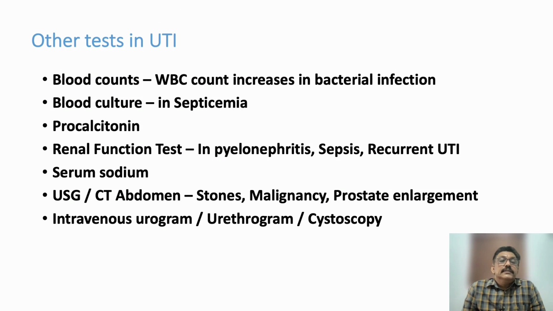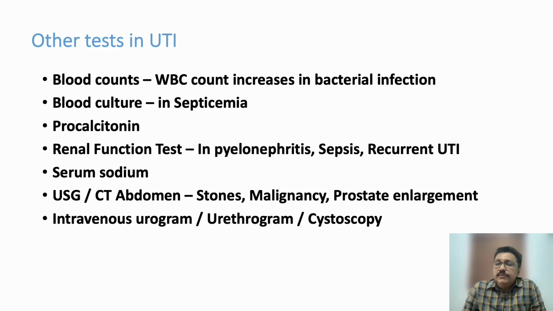Other investigations, like WBC count, may be elevated, CRP may be elevated, ESR may be elevated, blood culture can be positive in septicemia, procalcitonin will be elevated in bacterial urinary tract infection, and it will be highly elevated in bacterial urinary tract infection with sepsis. Renal function test, creatinine can be elevated.